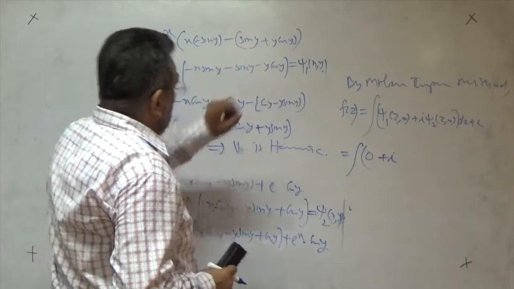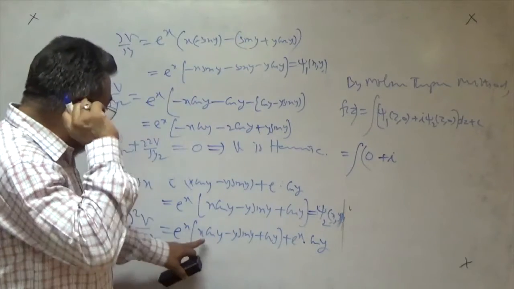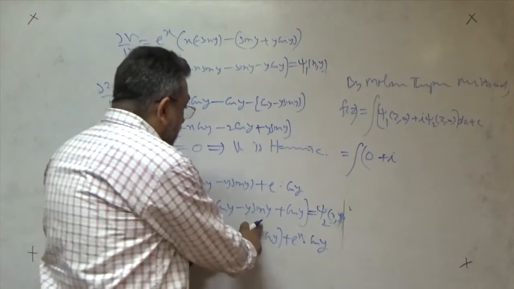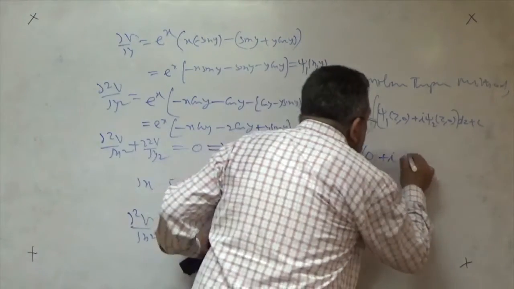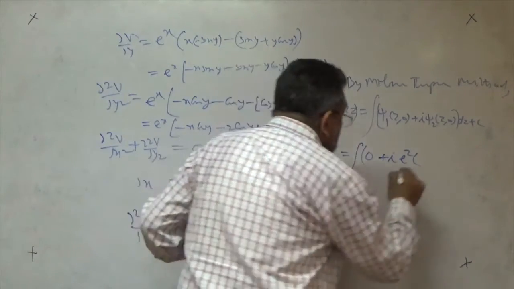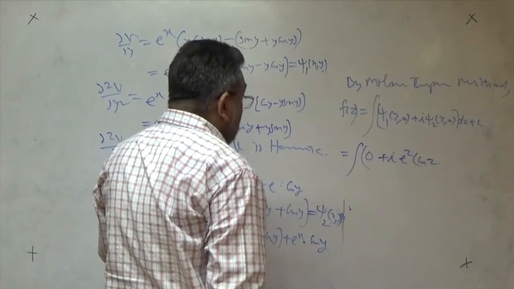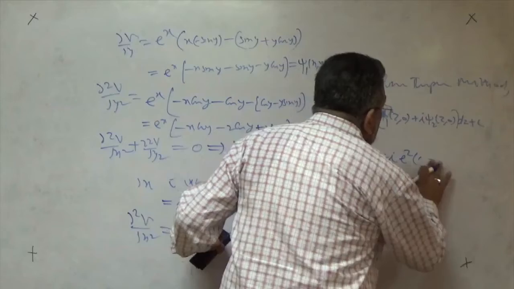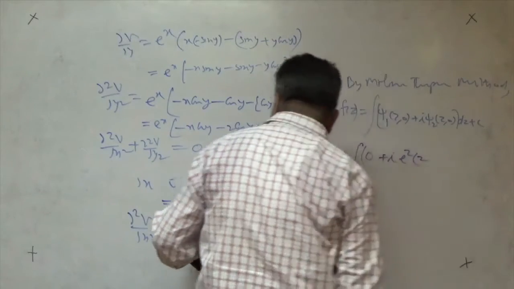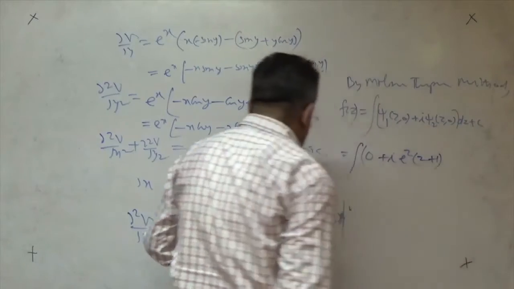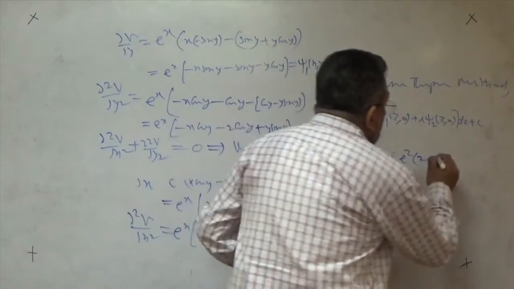So this is 0, and in this case we get psi 2 (z, 0), x is z. So this is 0, and e to power z in bracket, this is cos z, because x is z and y is 0. So cos 0 is 1, this is z, this is completely 0, and this is 1 because cos 0 is 1, and dz.